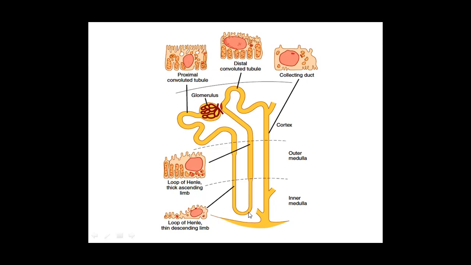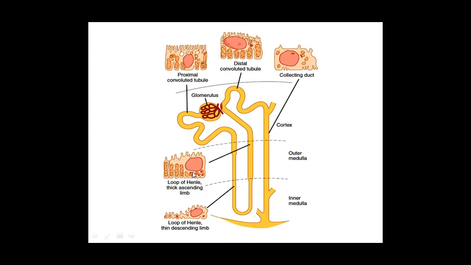Now a similar picture we also see in the thin ascending limb. Next part is known as thick ascending limb. In thick ascending limb, we see almost a similar picture to the proximal tubule, except the number of villi and microvilli are much less.